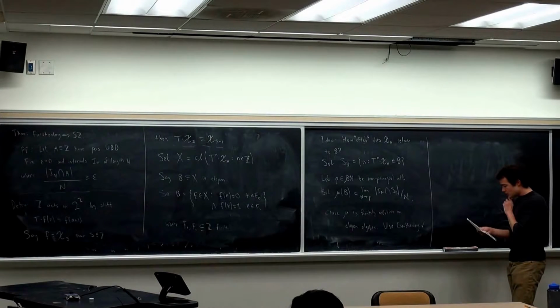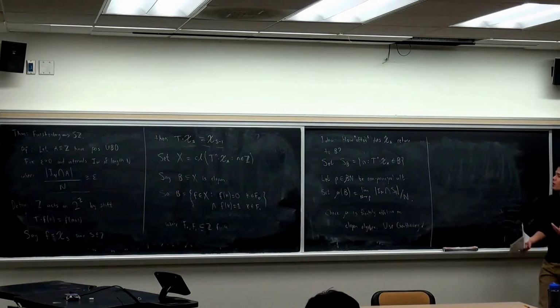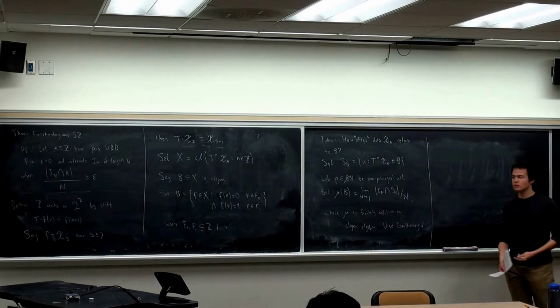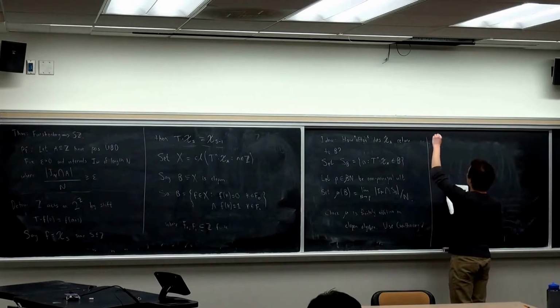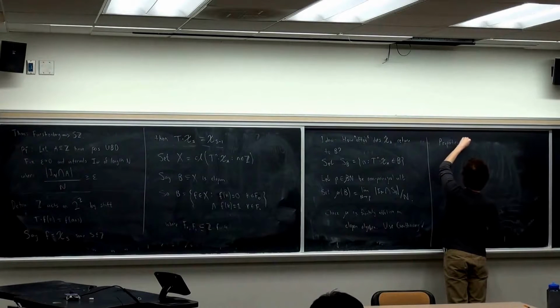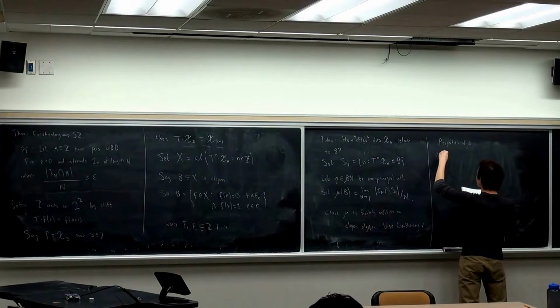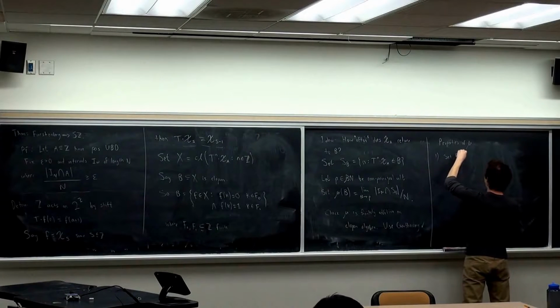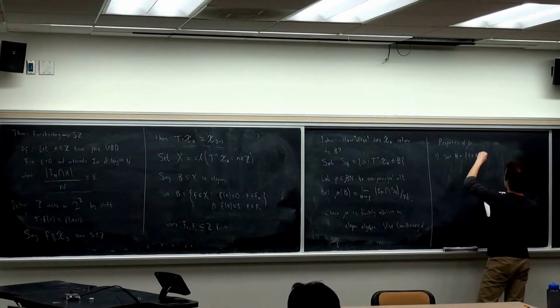Let's see. All right, so I've defined this measure, and now I need to argue that it does what we want, or why the fact that I've cooked up this system does what we want. So let's consider the following properties. As a warm-up, let's set B equal to those f in X so that f of 0 equals 1.